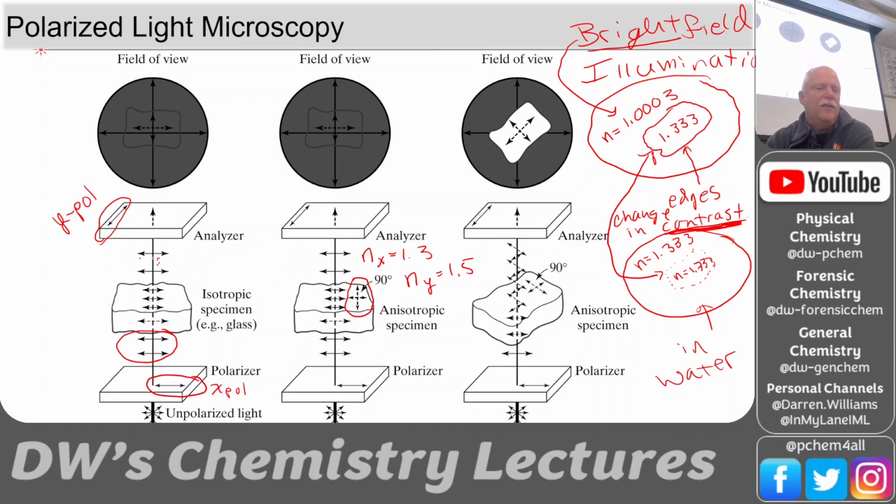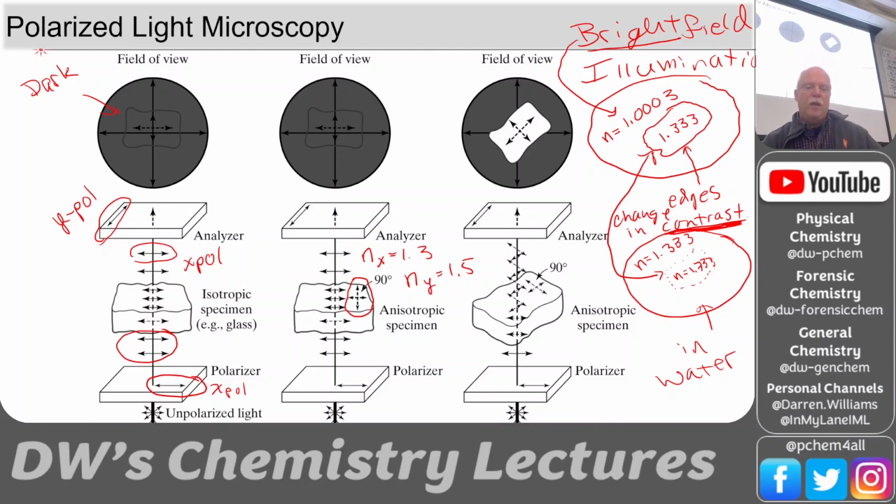That's going to cancel all of the X polarized light, and so we don't see anything. A lot of times this is called dark field illumination. You've got a dark field. You don't see any light coming through. So if the sample doesn't move or rotate light, you're not going to see anything.